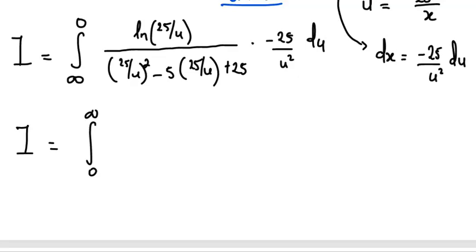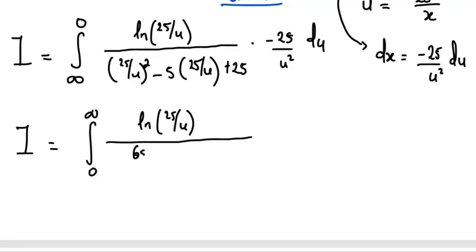Okay, so from here, our I is equal to, now if we switch the limits from 0 to infinity, then the negative sign at the du will get cancelled, right? So from here we have the natural log of 25 all over u divided by 625 all over u squared, because 25 squared is giving us 625.